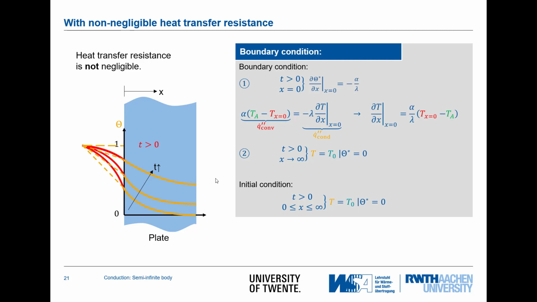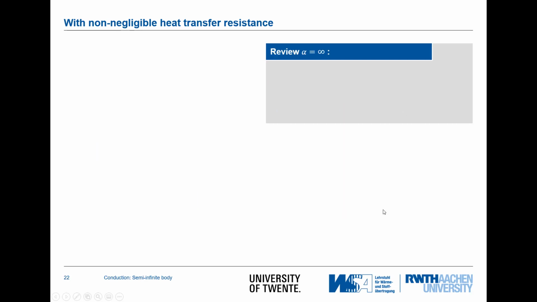Let's now go back to the boundary conditions that we had. We had the boundary conditions here for the location x equals 0. We had the boundary condition for the infinity part, and we had the initial conditions. What can we do now?